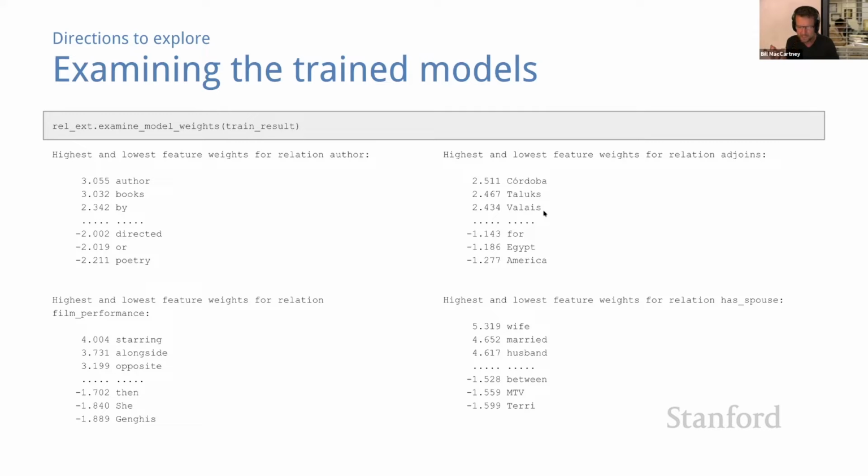And so again, I wrote a bit of code to find the specific examples that contributed to this result. I looked for examples where the 2 entity dimensions stand in the adjoins relation, and these specific terms appear in the middle. And when I looked at the examples, I realized that what's going on is that it's very common to have lists of geographic locations.